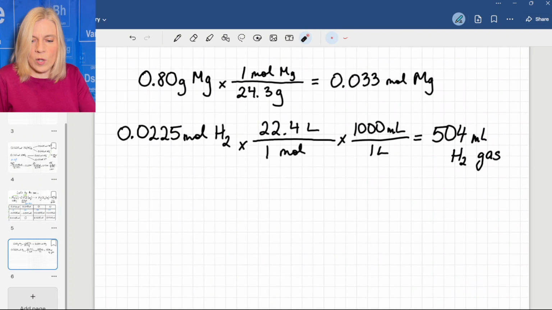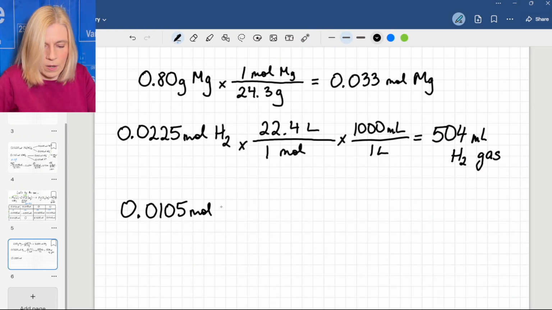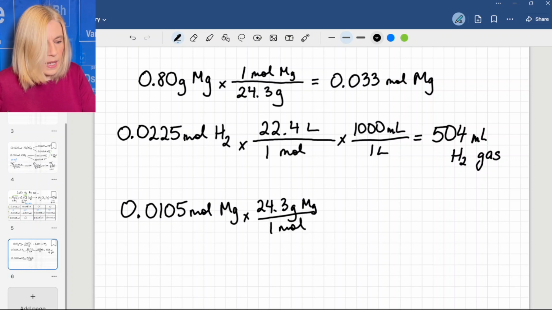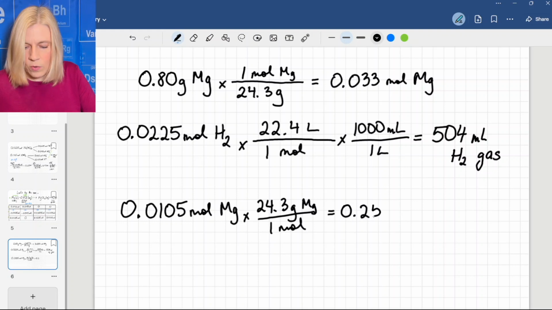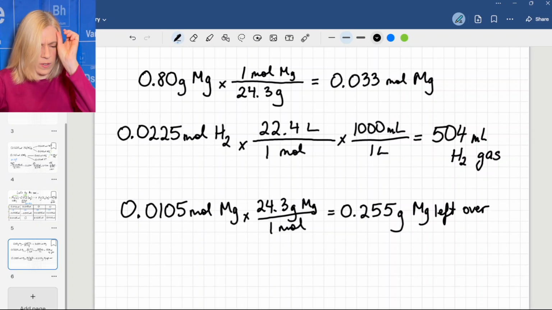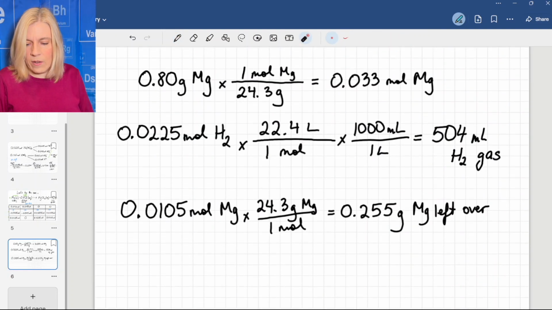So if we have 0.0105 moles of magnesium, and we're going to do 24.3 grams of magnesium per 1 mole, we're going to have 0.255 grams of magnesium ribbon left over. So here is what I have left over. This is what's at the end, and I can change it, and right here I have my grams.